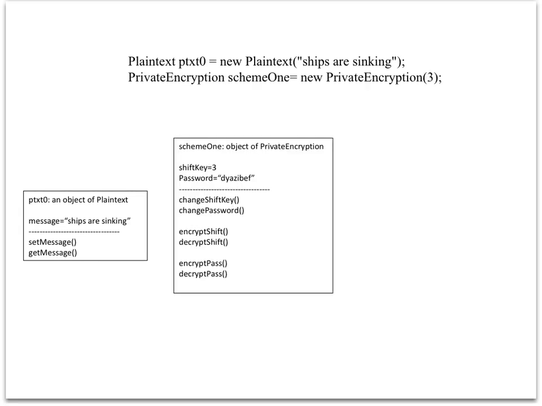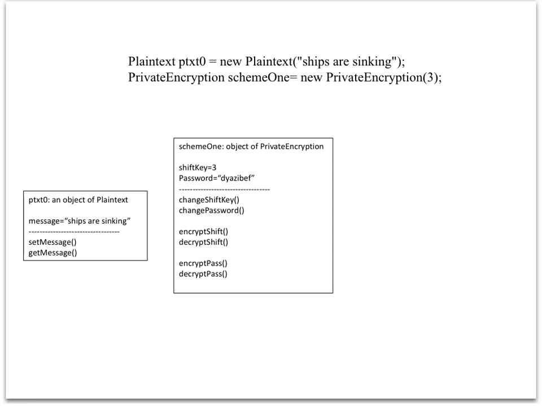And then what I am trying to do here, I'm creating an object of private encryption, and I'm giving the name scheme1, and I'm also sending 3 as an argument. Now if you notice, in private encryption there are many constructors, and one of the constructors accepts an integer value as an argument and assigns that integer value to the shift key.